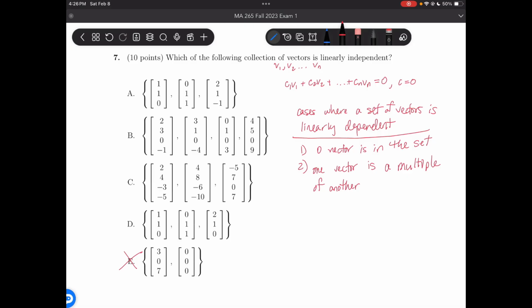And if we look at C, with a quick inspection, we'll notice that this vector and this vector are multiples of each other. If I multiply 2 times the first vector here, I get the second vector, which means that C is a linearly dependent set.